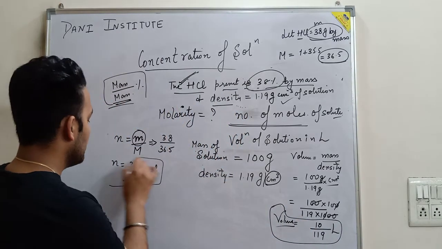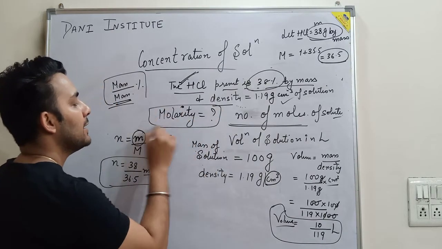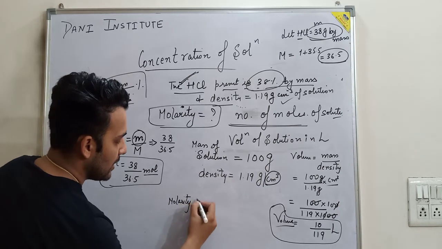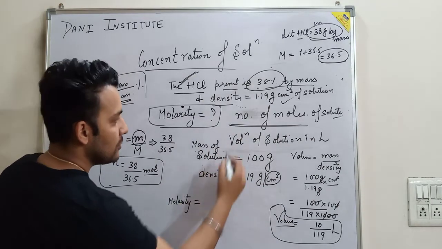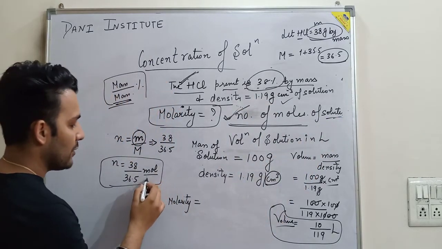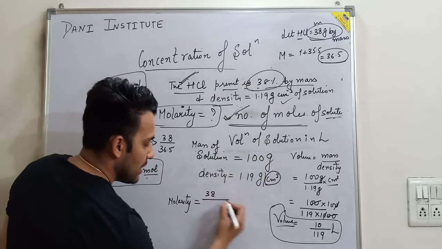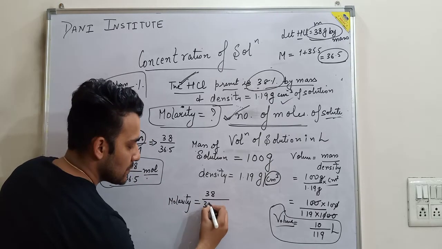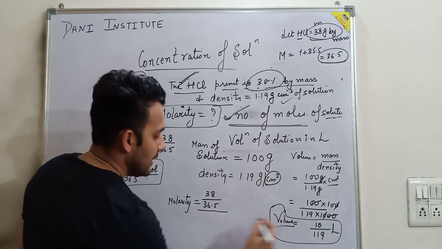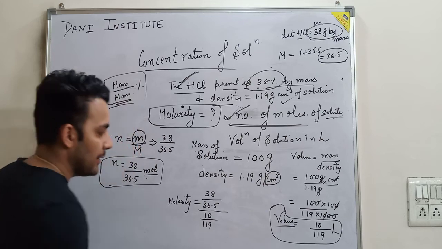Here we have found the moles. Now we have to find what? Molarity. Molarity can be found from the formula: number of moles of solute divided by volume. Here the number of moles is 38 divided by 36.5. Then in the denominator it will be 10 by 119.